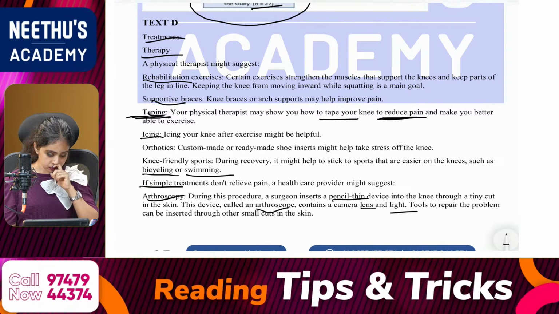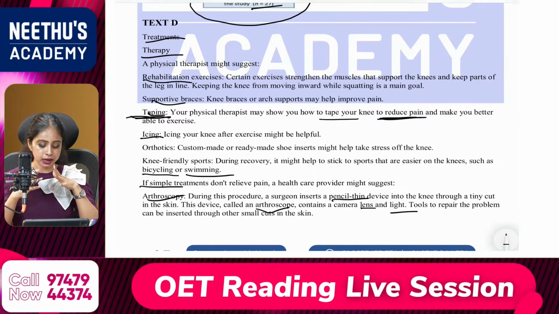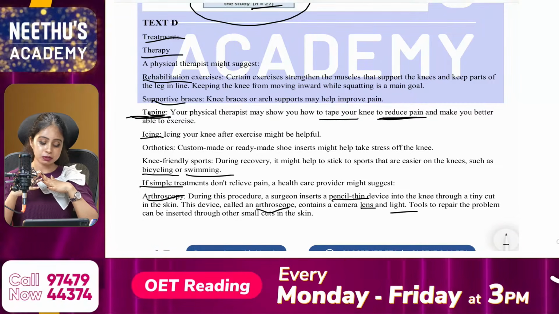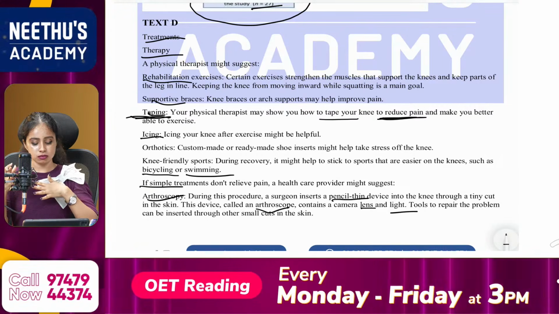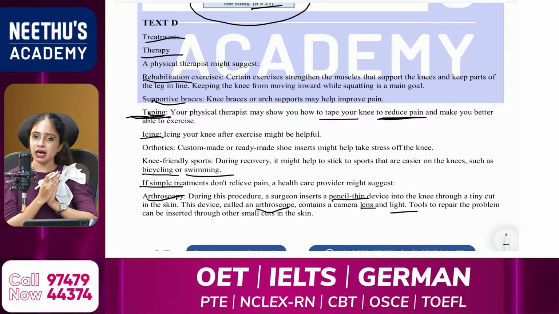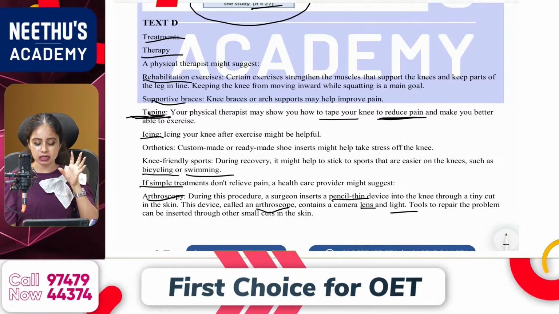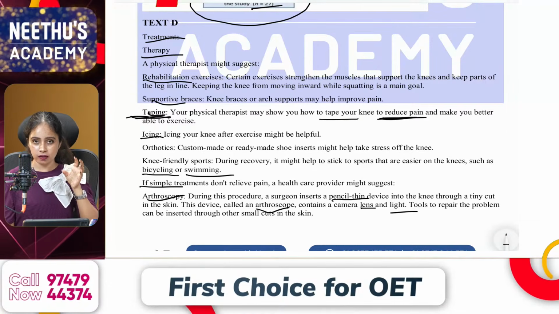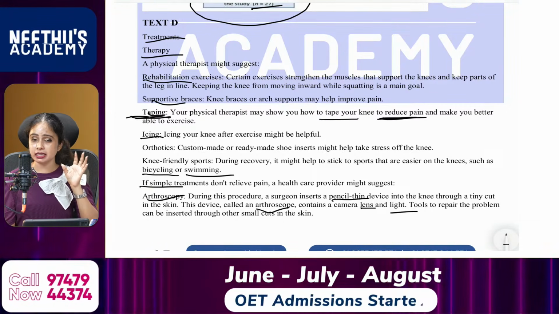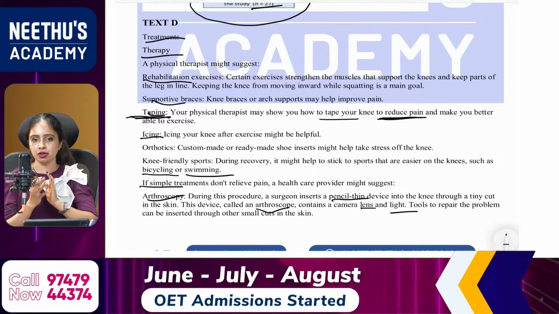Okay, Tenzin, actually your answer is correct. But it's not bicycle, dear, it's bicycling or swimming. So don't write bicycling and swimming. Whatever they have mentioned in the paragraph, please write that particular thing: bicycling or swimming, not bicycling and swimming, which means a combination of 2 different words.